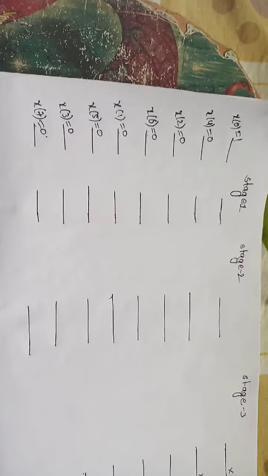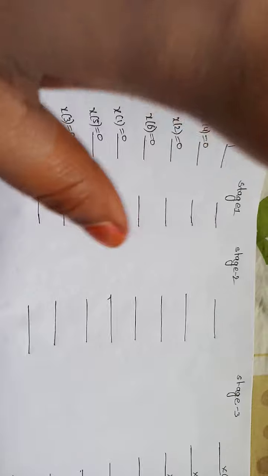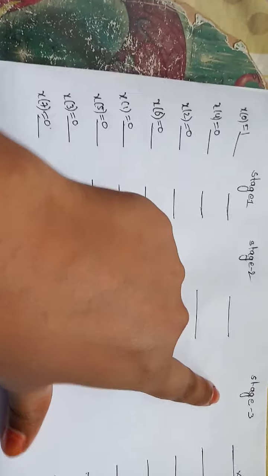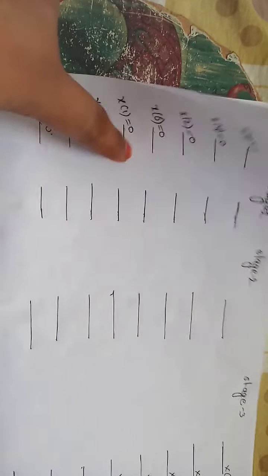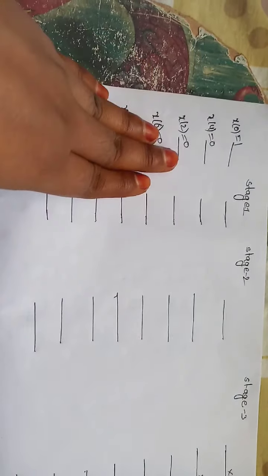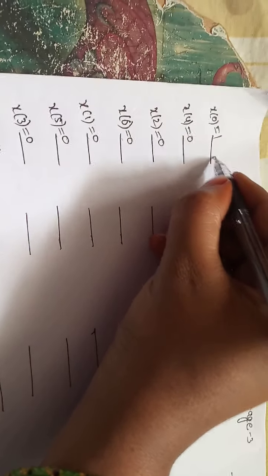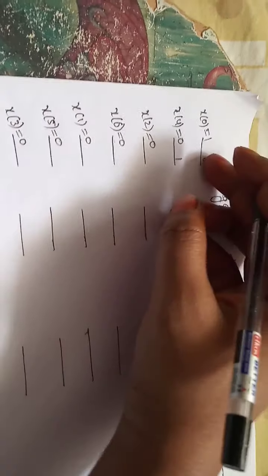At the same time, in each stage we are having 4 butterflies. So stage 1, stage 2, stage 3, in each stage we get 4 butterflies. See here, input and output separation we are having is 0, 1. Actually we got 1.